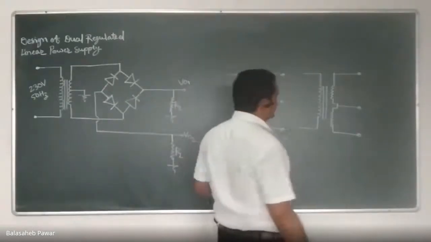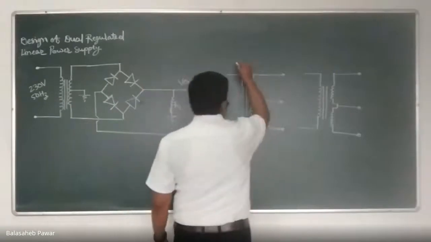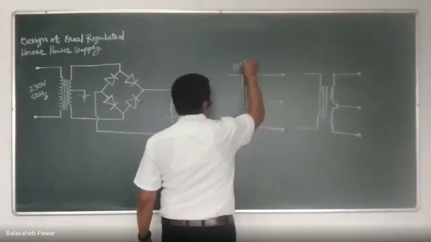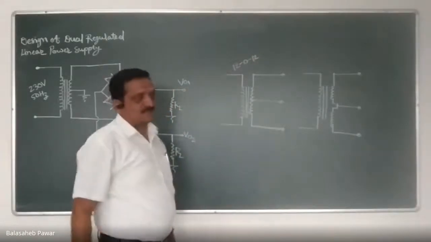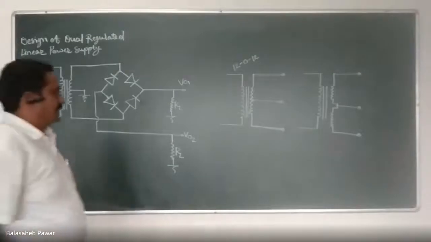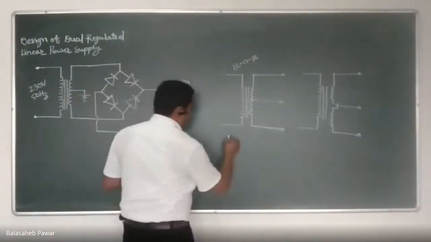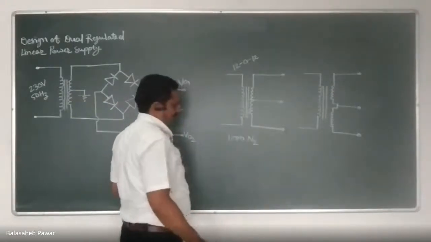We'll take one example so that it will be somewhat easy for you to understand. If the transformer shown is 12-0-12, for example, there are 1000 turns for the secondary winding, that is N2.